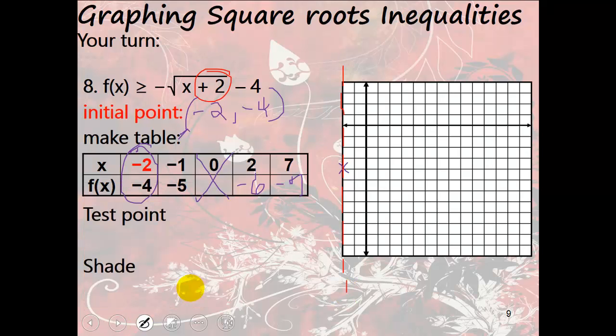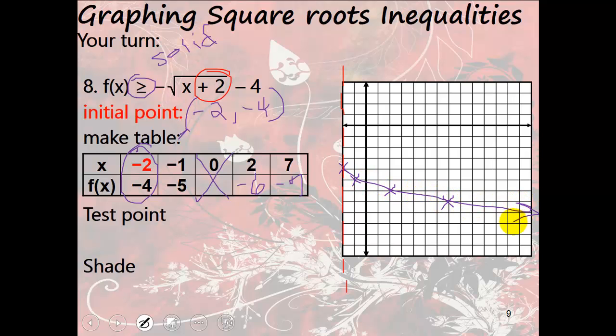And I have negative 1, negative 5, and then I have 2, negative 6, and then I have 7, 3, 4, 5, 6, 7, negative 7, and I'm going to connect them with a solid line because this is inclusive. So I'm going to go like this, and now I have to test a point.